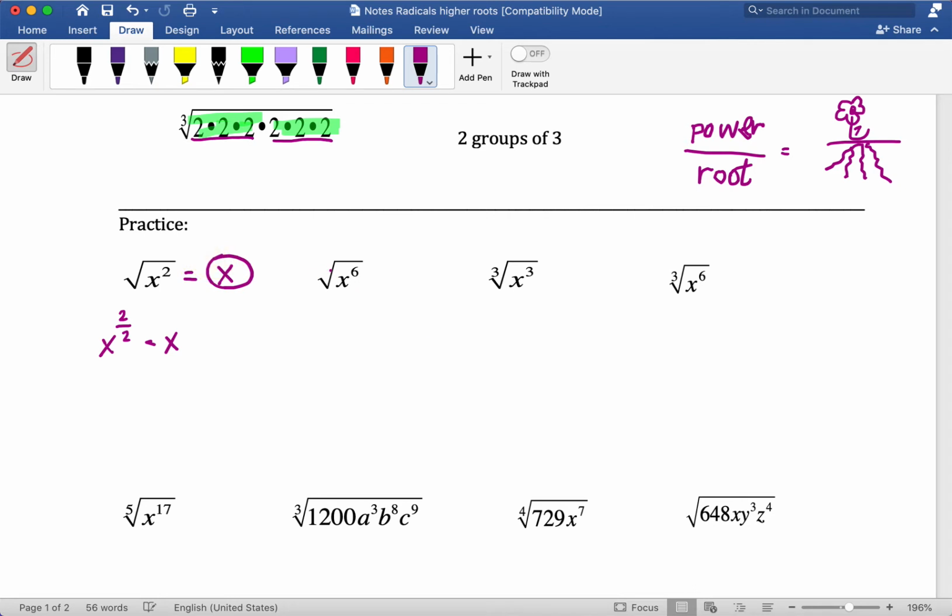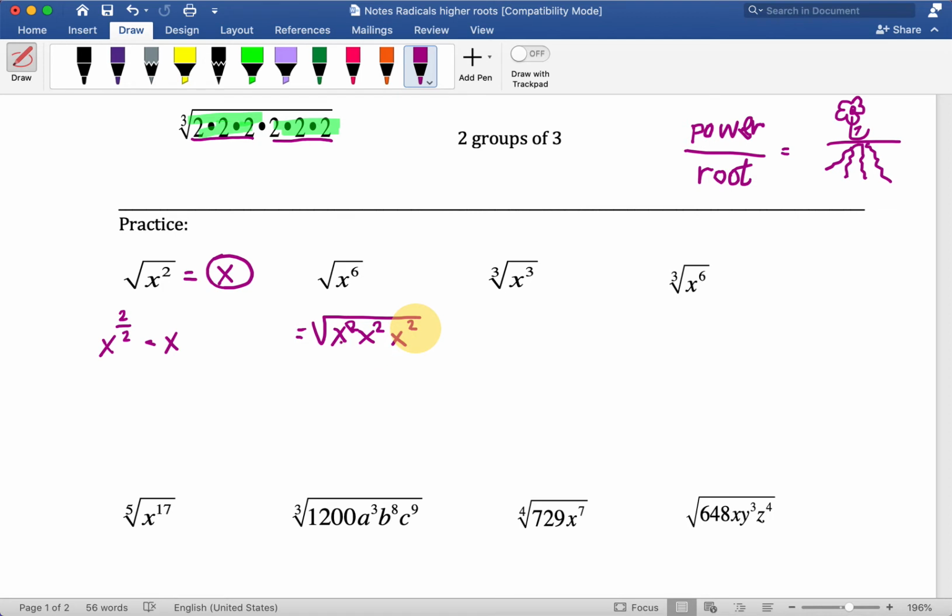The square root of x to the power of 6. You know, I could think of this a bunch of different ways. I could write this as x squared, x squared, x squared, right? So I've got 3 groups.